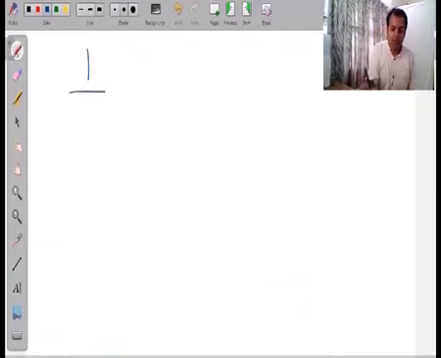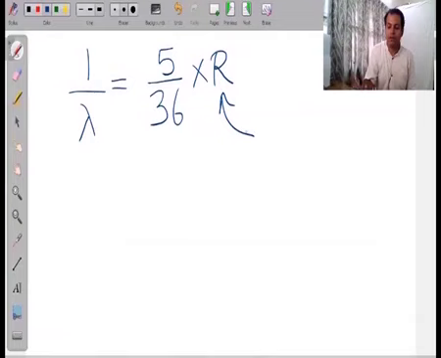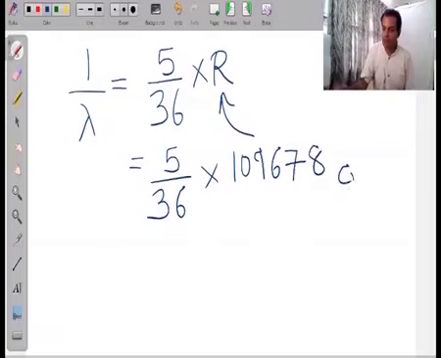So we have 1 upon lambda is 5 upon 36 times R, and we can plug in the value of R, the Rydberg constant, 5 upon 36 into 109,678 centimeter inverse.